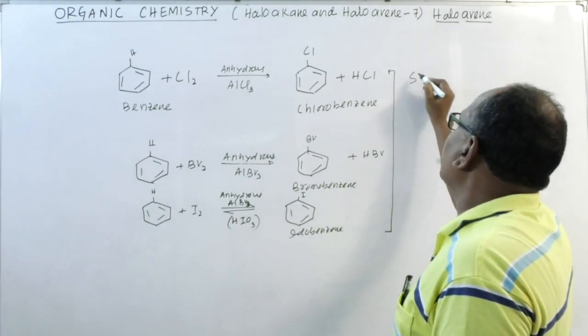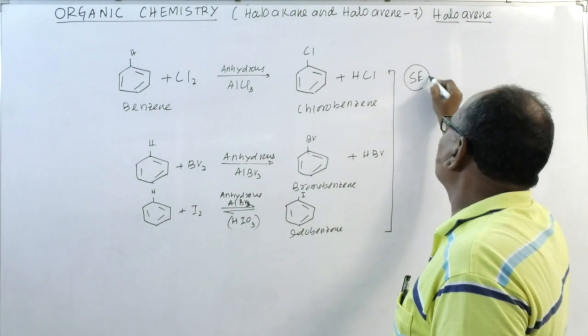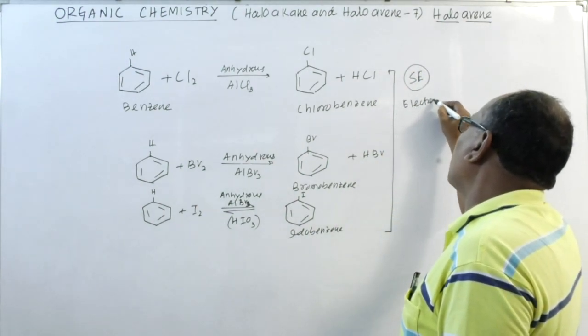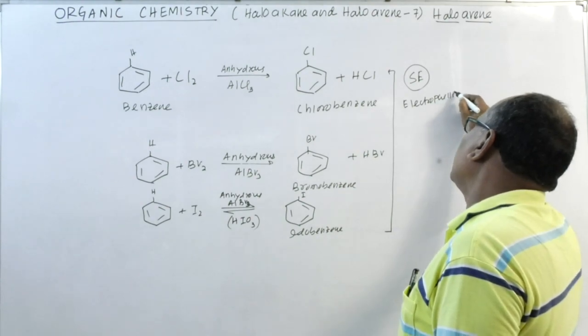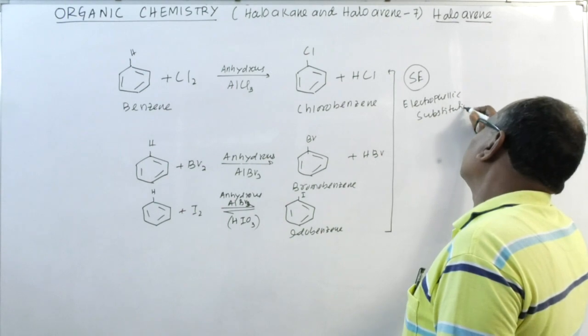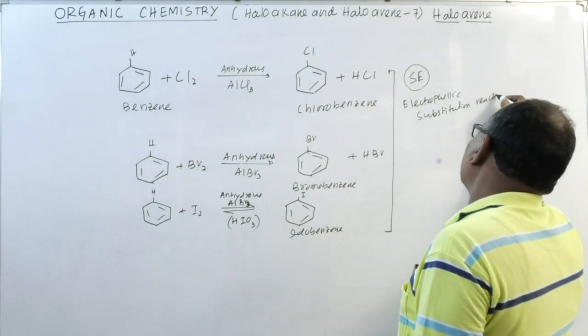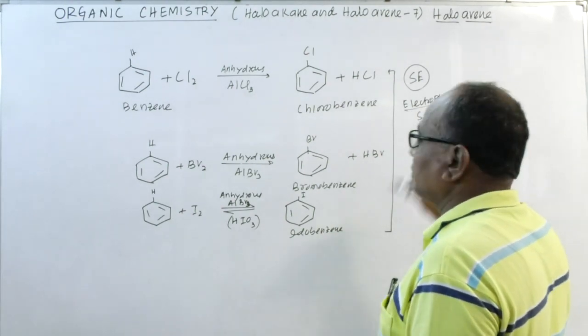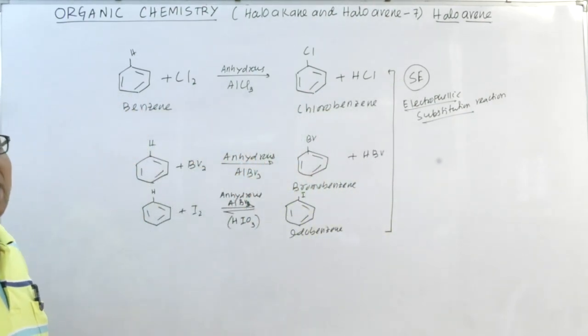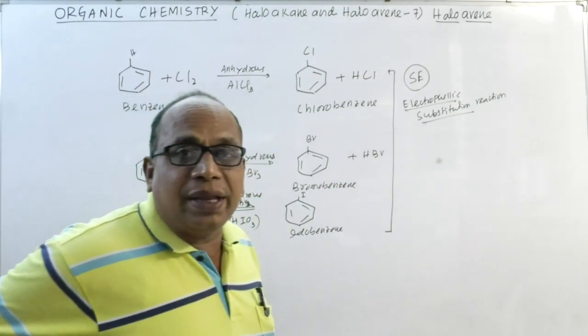This is called an electrophilic substitution reaction. Okay, students, this is one of the methods of preparation of chlorobenzene, bromobenzene and iodobenzene from benzene.